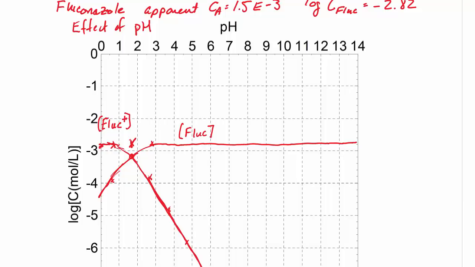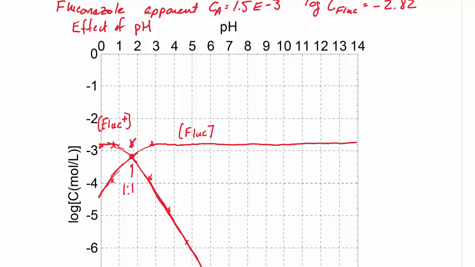Now remember the meaning of these points. This point is 3/10 of a unit down here, and this is where the two species of fluconazole cross. So this is the point where there's a 1-to-1 ratio of the two fluconazole species. At the pKa is where there's a 1-to-1 ratio.